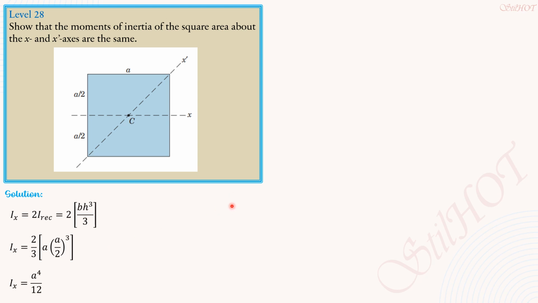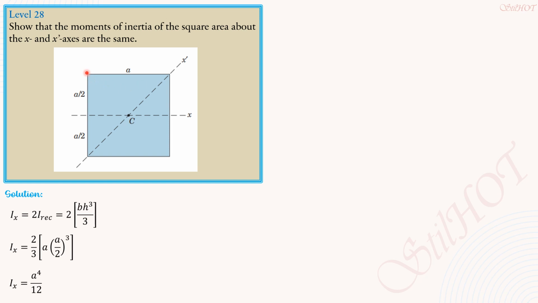Then for Ix prime, we just imagine the moment of inertia with respect to the base of a right triangle. From our experience, it is base times height cube over 12, then multiply it by 2 for this part here.